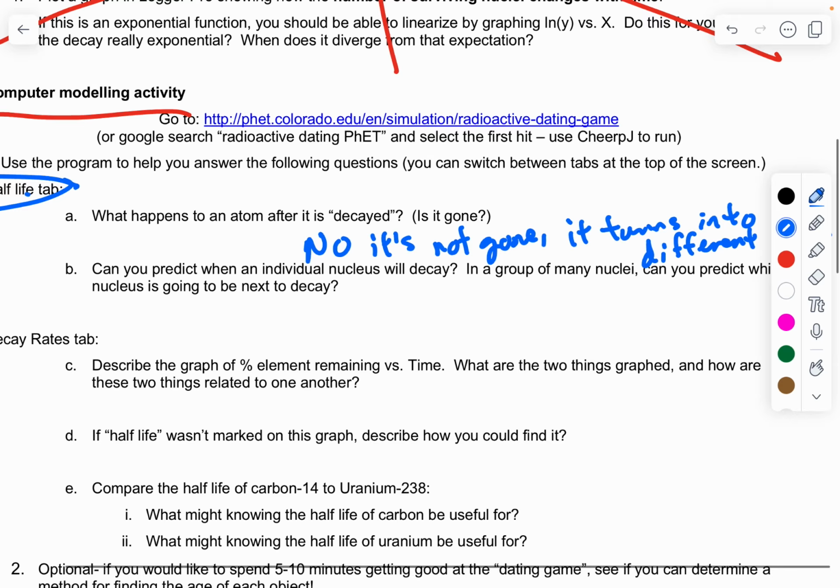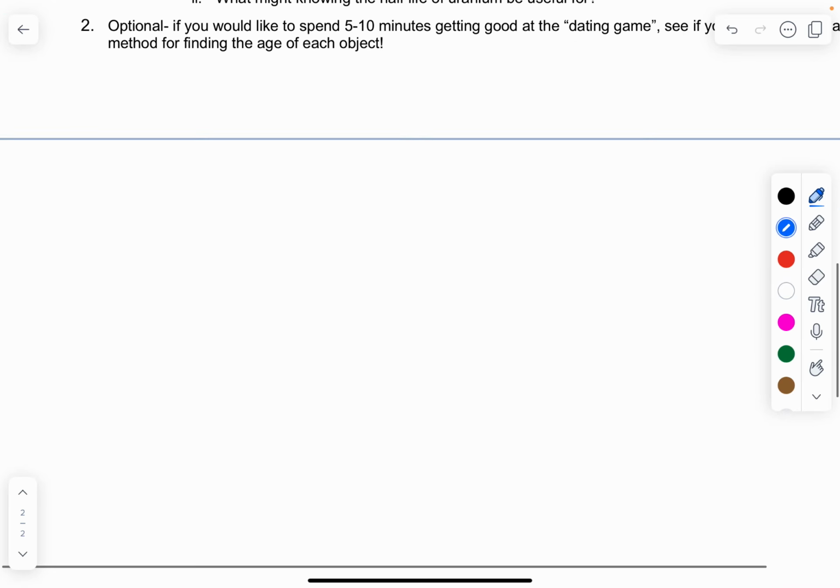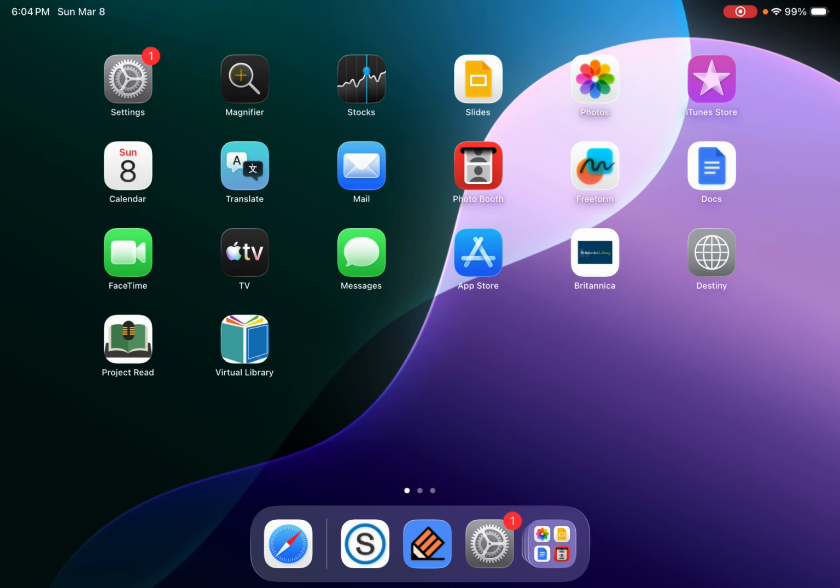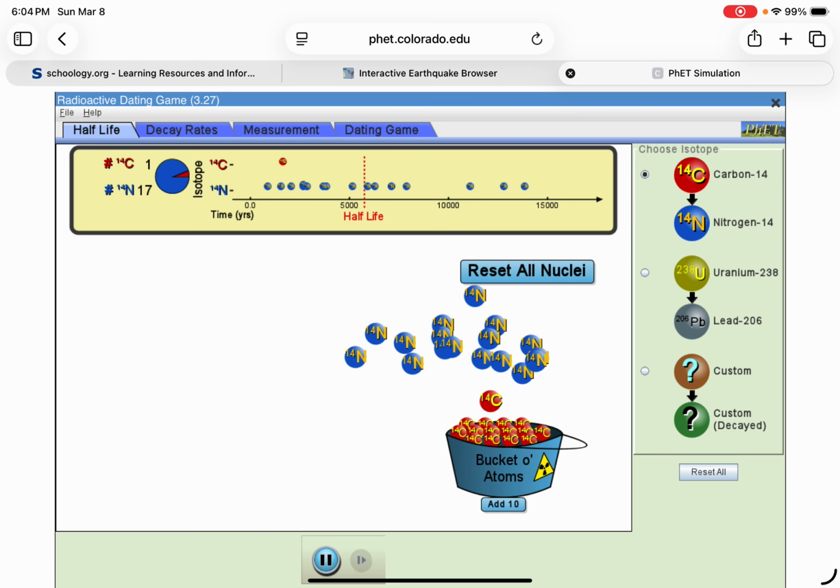Next, can you predict when an individual nucleus will decay in a group of many nuclei? Can you predict when the next nucleus is going to decay? Right, so this is a pretty interesting idea of half-life. If you put a whole bunch of them in here, right? It's kind of glitchy, I don't know why.